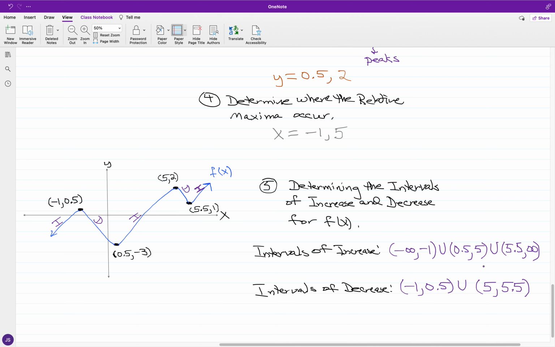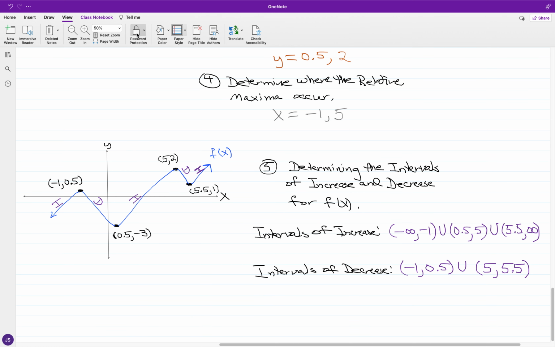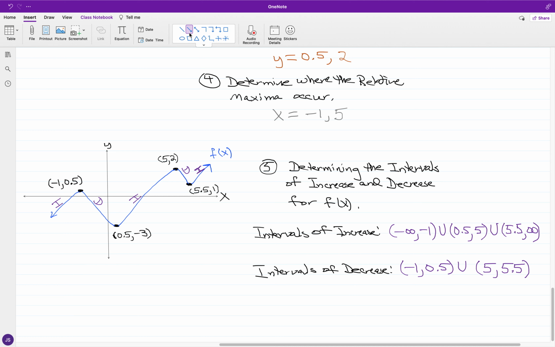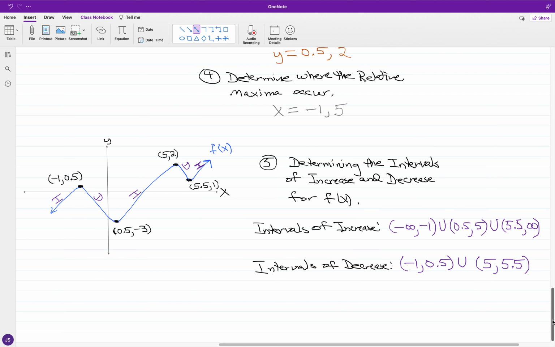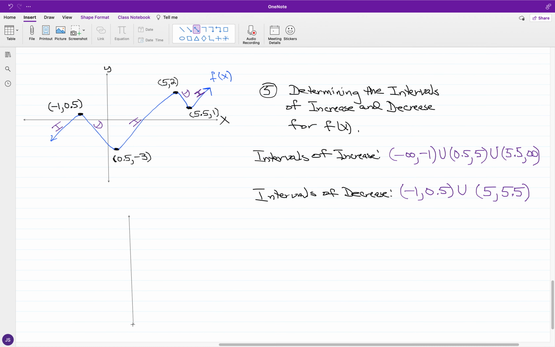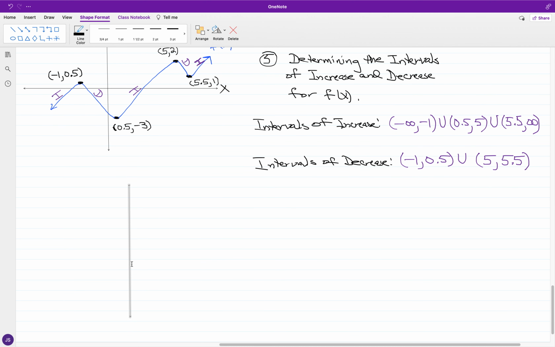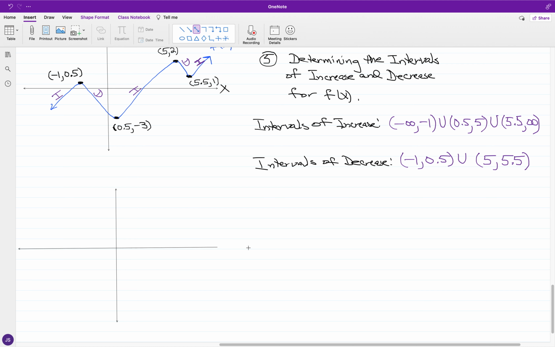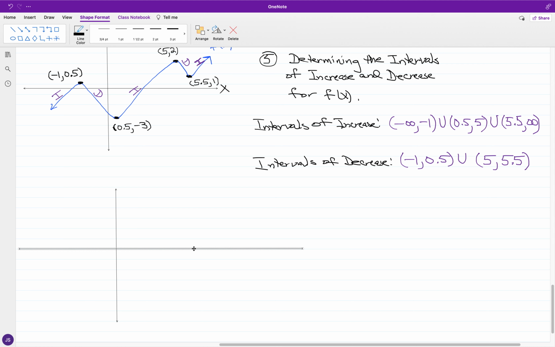Now let's say we have a function, and just in comparison to what we just had, I'm going to change the motion dynamics a little.